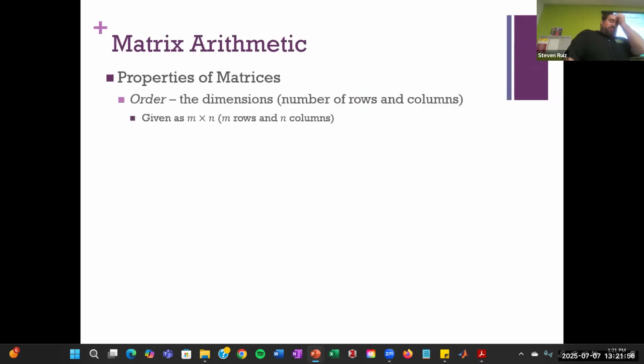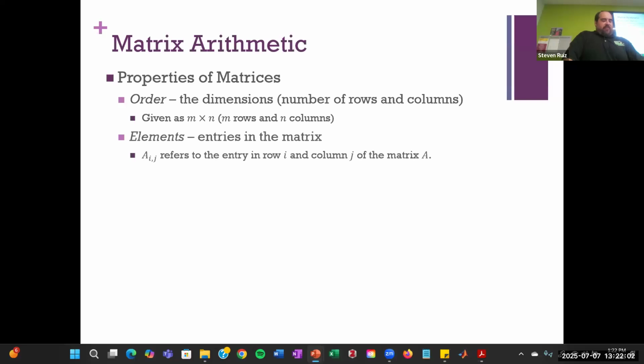So let's talk about some properties of matrices. We've organically talked about some of these, but the order of a matrix is another way to talk about the dimensions. What I was talking about is m by n. So number of rows comes first, number of columns comes second. A 5x4 matrix has 5 rows, 4 columns. And by default, it has to be rows first, columns second. The elements are the entries that live in each cell of the table.